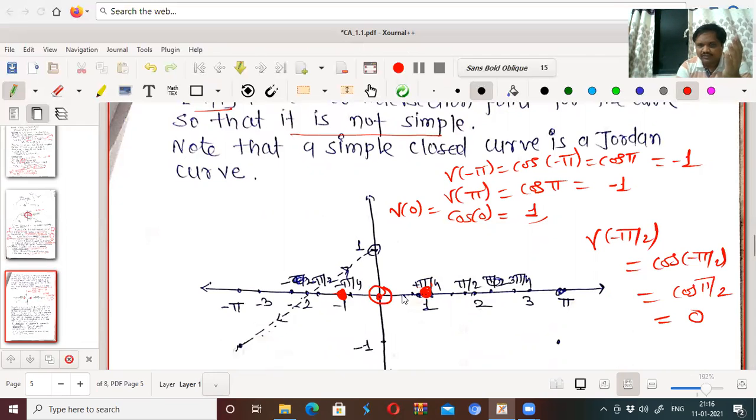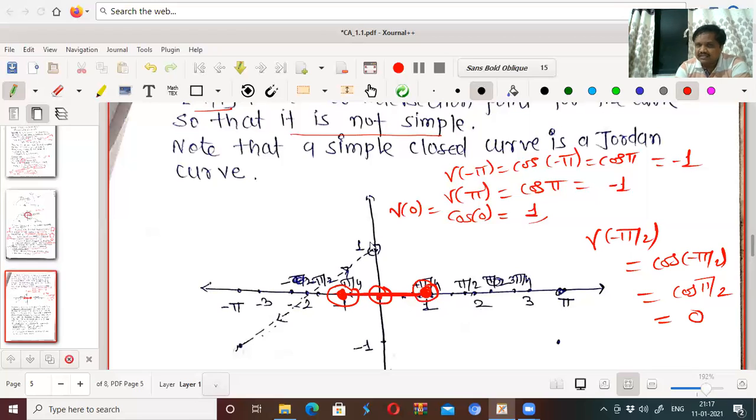See here carefully. This point is gamma at minus pi as well as gamma at pi. This point is gamma at pi by 2 as well as gamma at minus pi by 2. This point is cos at 0. It means you are moving from this to this and then coming back from this to this.